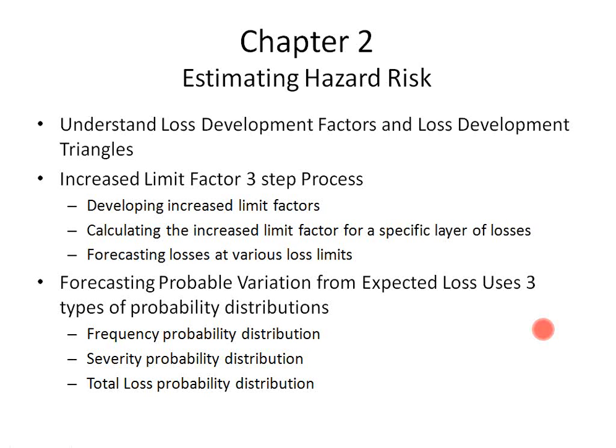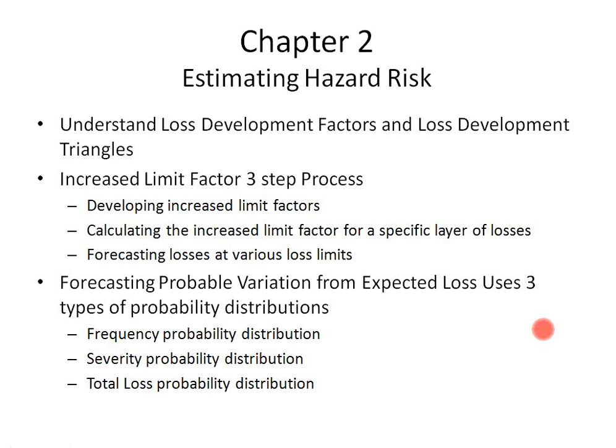When you focus on the three-step process, again, it's a list. If they ask what the three-step process is: calculating increased limit factors, calculating the increased limit factor for a specific layer of losses, and then forecasting losses at various loss limits. On forecasting for variations, if you remember, we said there's a frequency probability distribution, a severity distribution, and the total loss probability.